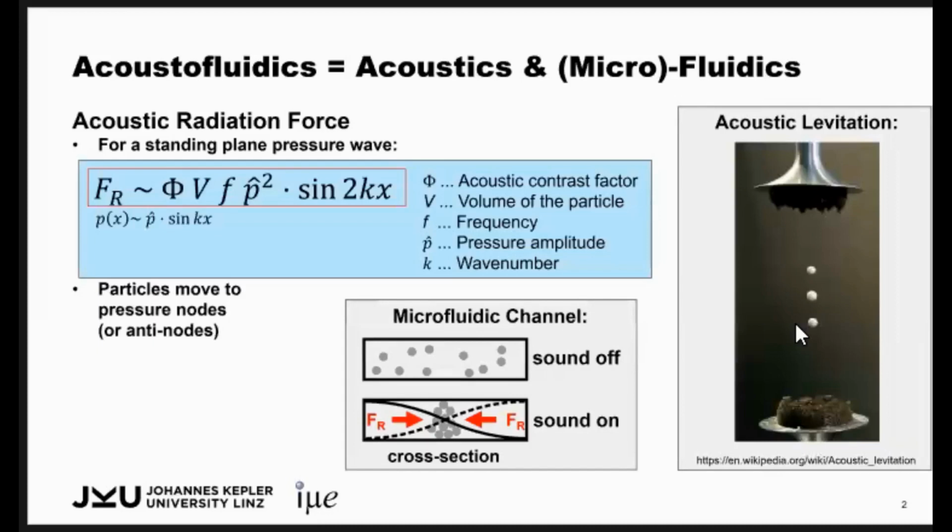Here we have a liquid and particles inside. And if we would generate a standing half wave across the channel, it has a nodal plane along the center of the channel, and the particles would be focused in the nodal plane in the center of the channel.